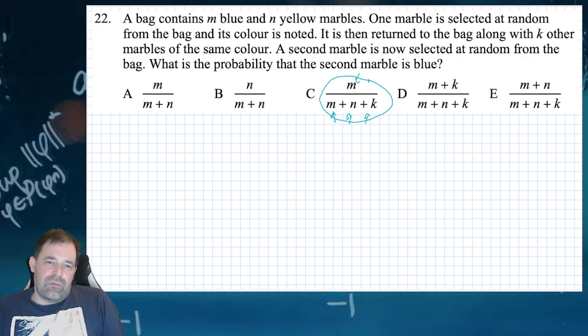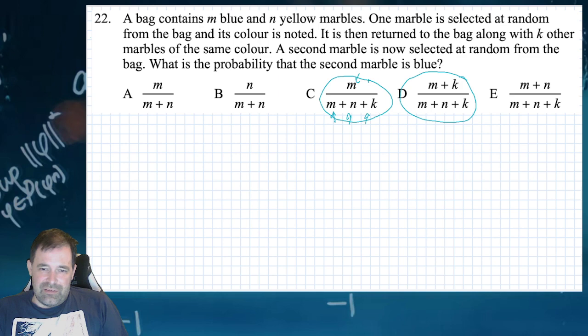But if the first one is blue, it's that one. Which means it can't be either of them, because it's dependent on what we pull out first. So my guess is it's the last one, because the first two don't have k in it, unless k cancels out.